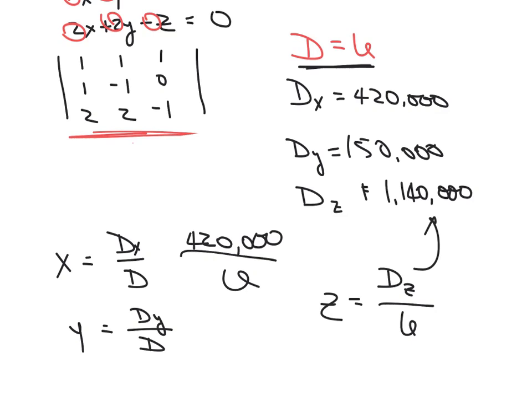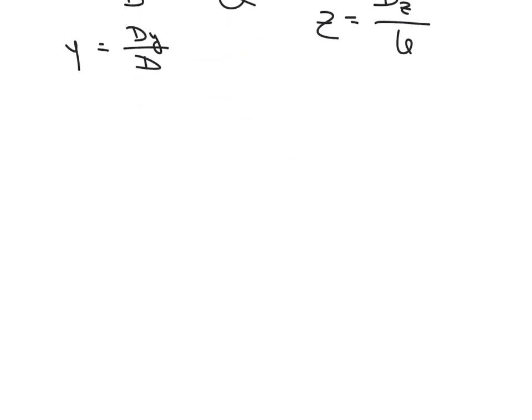Then there's no solution. So let's say you're doing these and you get a 0 for your D, but maybe your D of x is 6. If you run into that, then you just stop there. There's no solution to this. Just stop. You don't even have to figure out what D of y is or z or whatever.